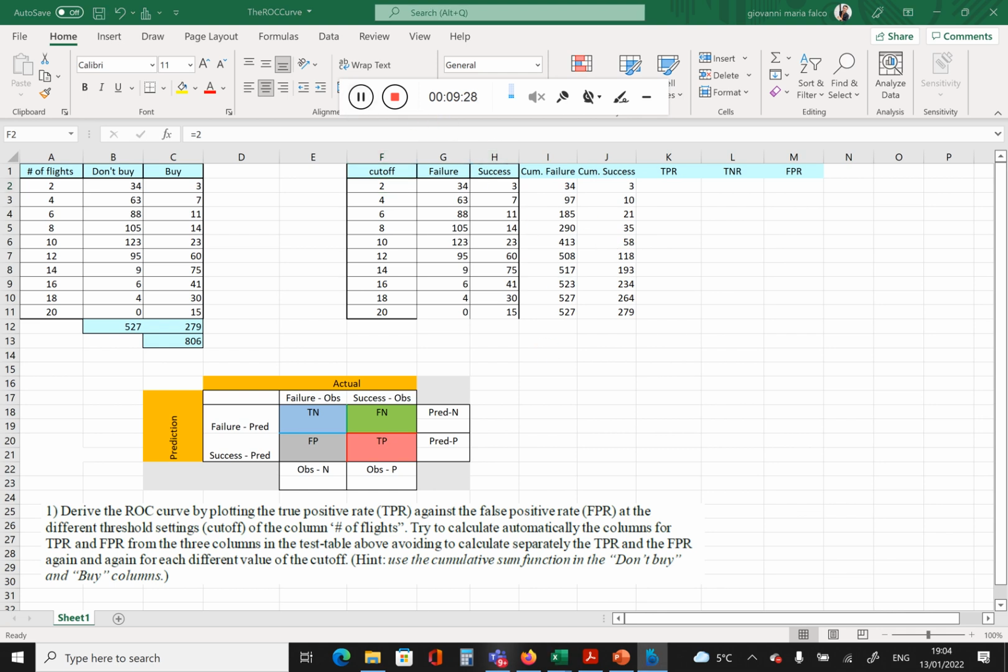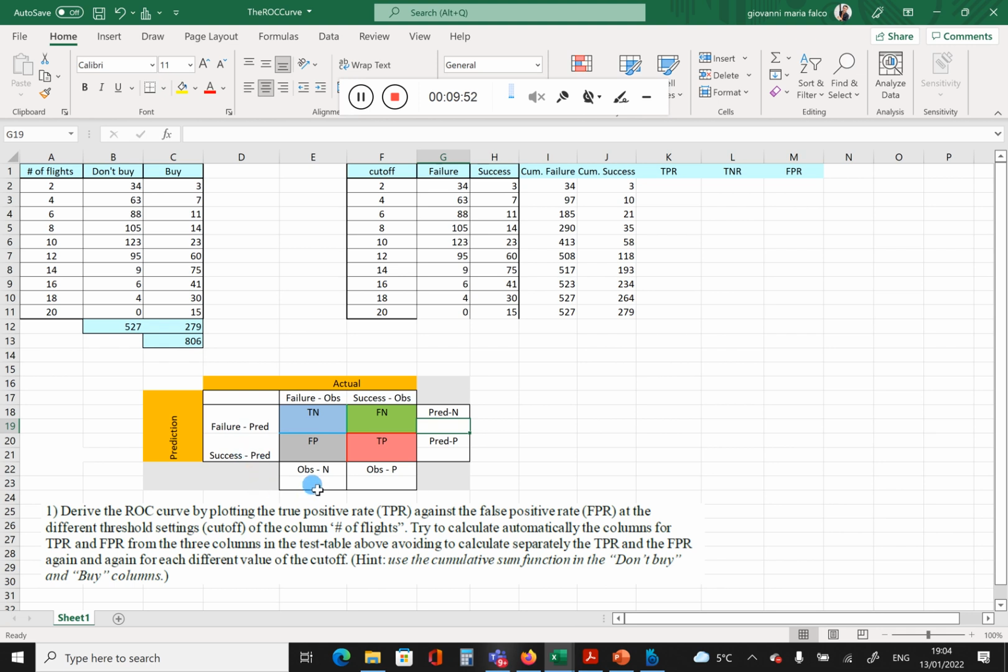First of all, consider that in this case we are varying the cutoff, so the prediction will be different. I mean, the values of the predicted and predicted pi for the different values of the cutoff will be different, but the observed failures, the observed don't buy and the observed buy, are given here.